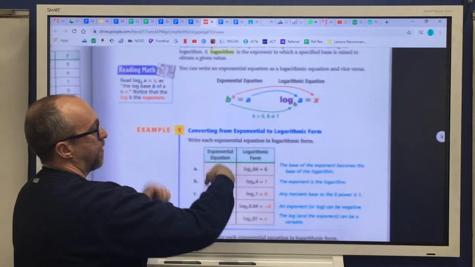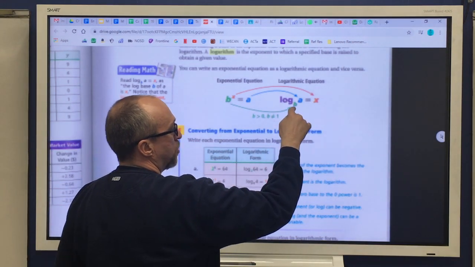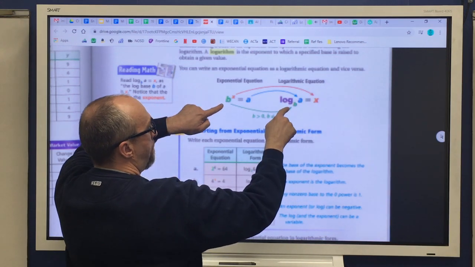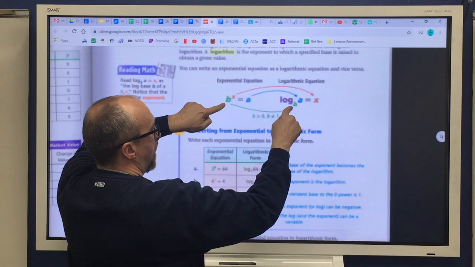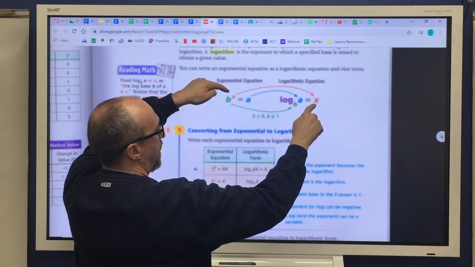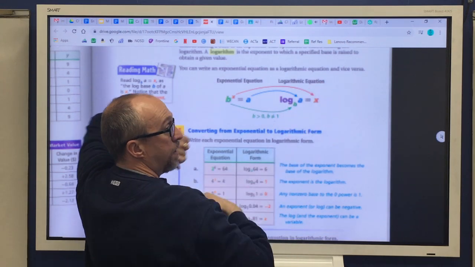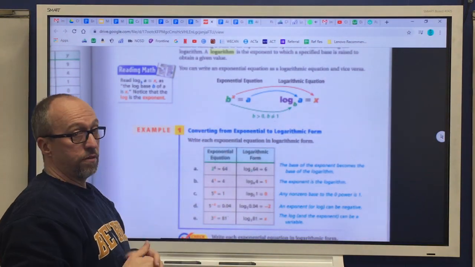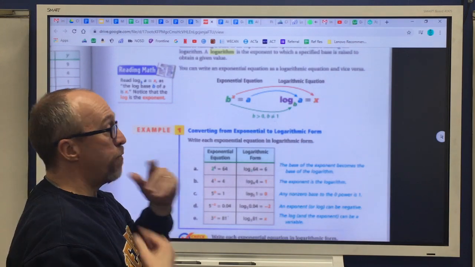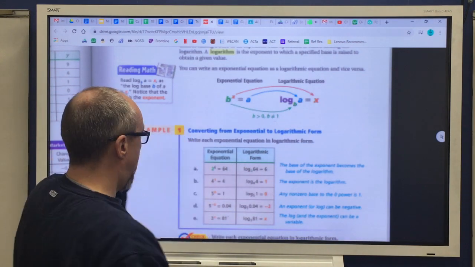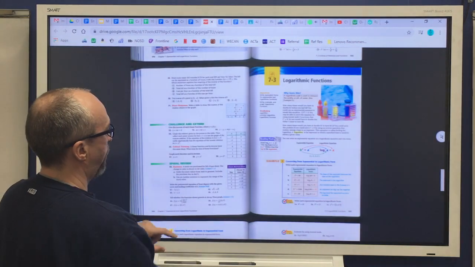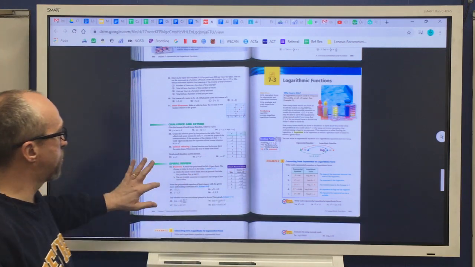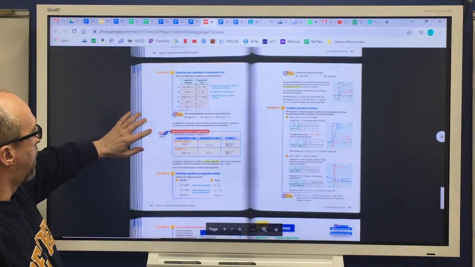Same thing going back the other way. Circle the base, go across the equal sign, and then back. So b to the x power is equal to a. It's this little swirl around that gets you the other equation pretty nicely. Rewind this video to help you remember, because that's what we did in class. We would go from exponential to log, log to exponential. That wasn't so bad. We did a bunch of that.